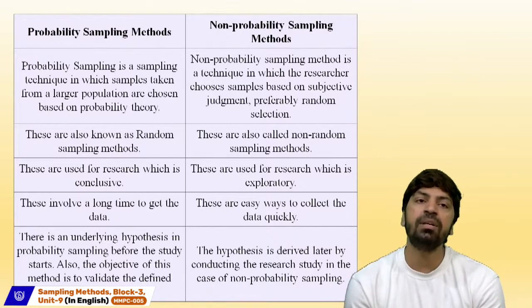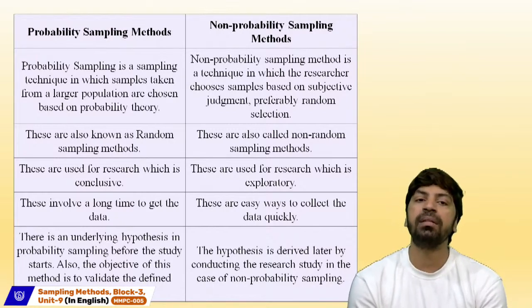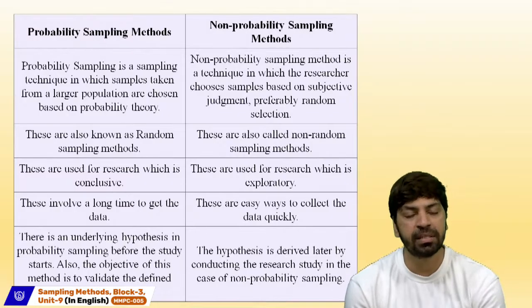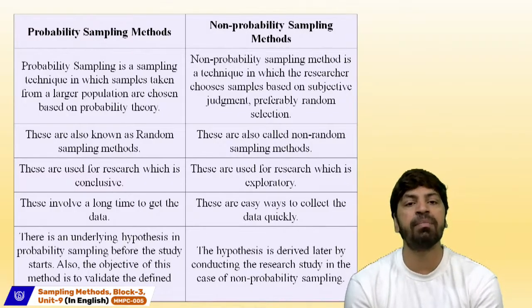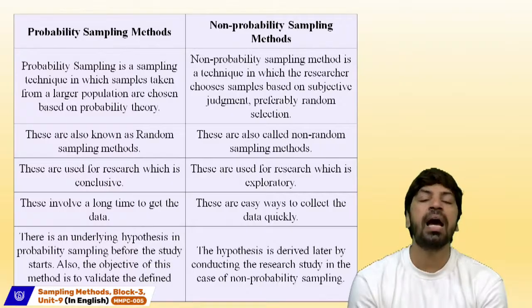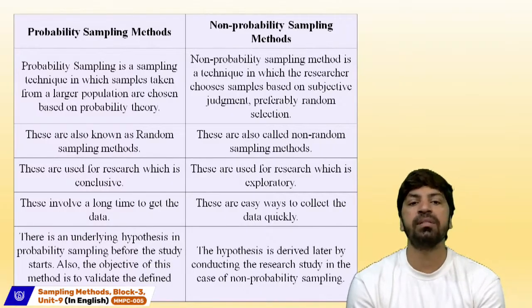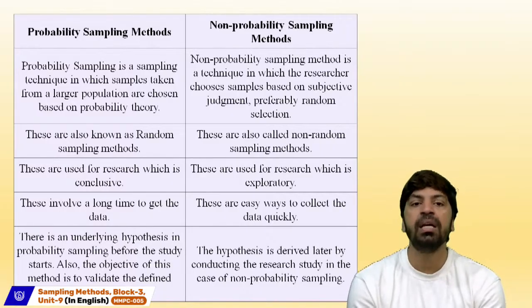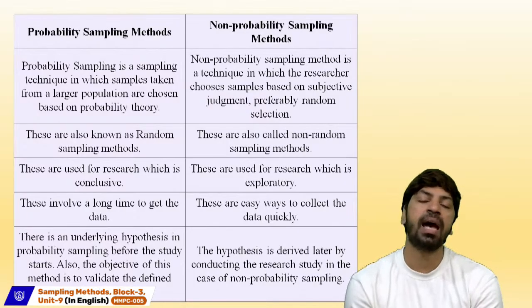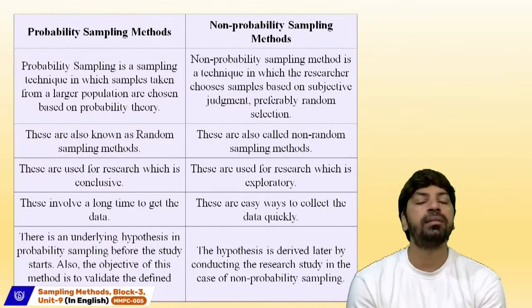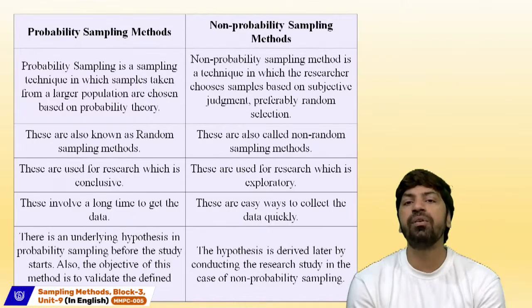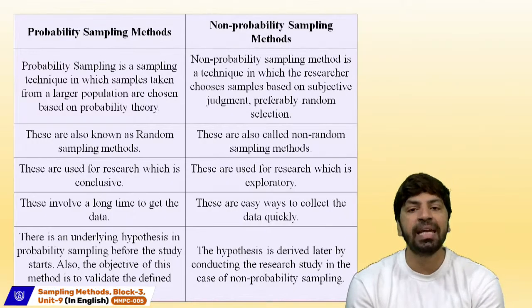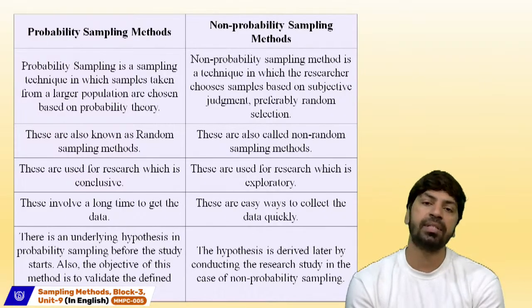In the case of the probability sampling method, there is an underlying hypothesis before the study starts, and the objective of this method is to validate the defined hypothesis. But in the case of the non-probability sampling method, the hypothesis is derived later by conducting the research study.